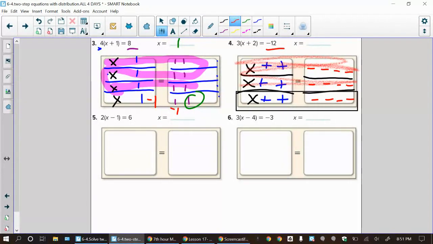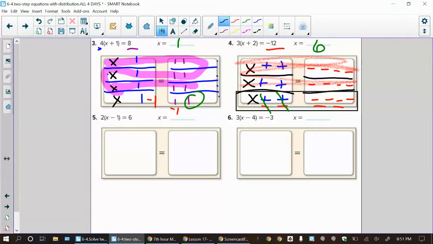What's the opposite? I know you're shouting out while you're watching this. A negative, Mrs. Oliver. Now, remember, only a positive and a negative can cancel. So on the right side, do I have anything I can cancel? No. I just got to count how many negatives I have, and that is 6. So x equals 6.